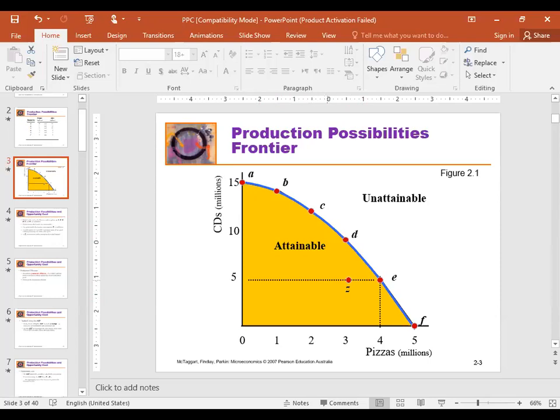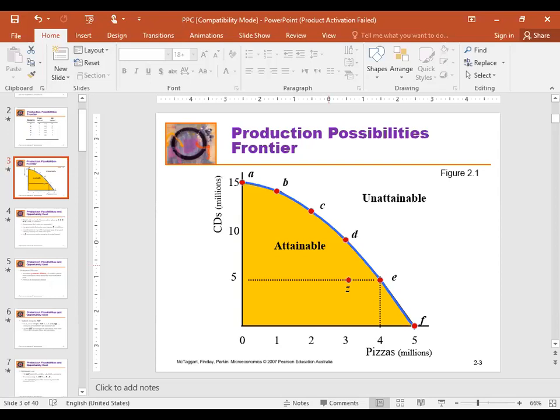It means that you're not being efficient, in terms of your resources not being fully employed. You still have leftover resources that could be utilized, but you're not using them. So your resources are lying there idle. You are wasting resources. You're not reaching the full capacity or the full potential of production.